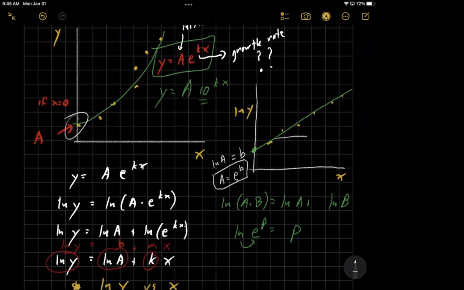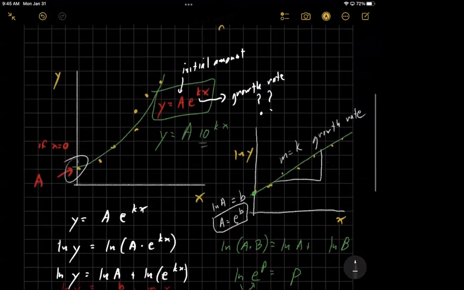But more importantly, we can determine the slope of this line pretty easily, and the slope is the k value. So that's the growth rate. We just determined the growth rate by linearizing the data. It would be a wild guess looking at the original data to figure out the growth rate. Once we've linearized it, it's not a wild guess, right?